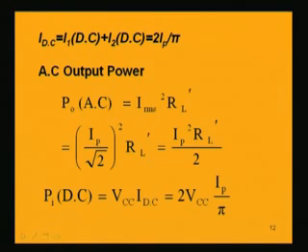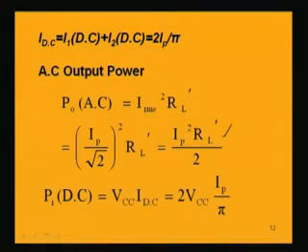If we simplify that, we get IP square into RL dash by 2. This is the AC output power, as given by this expression. It depends on the peak value of the current.